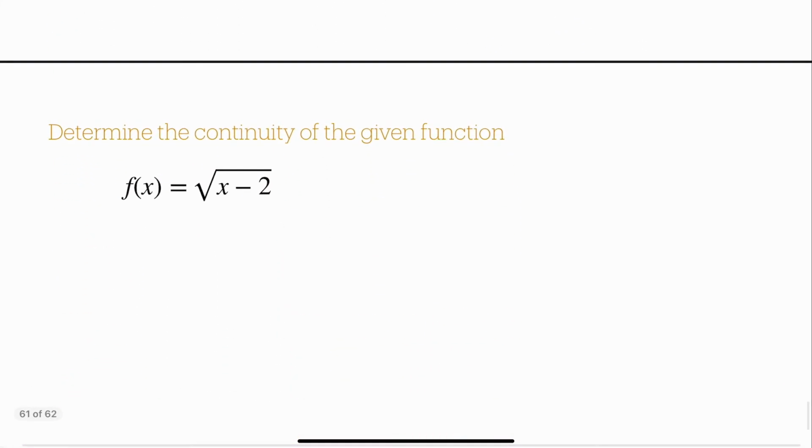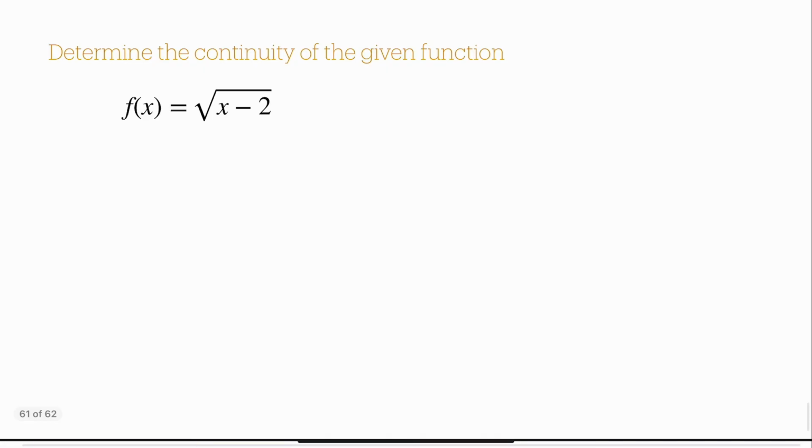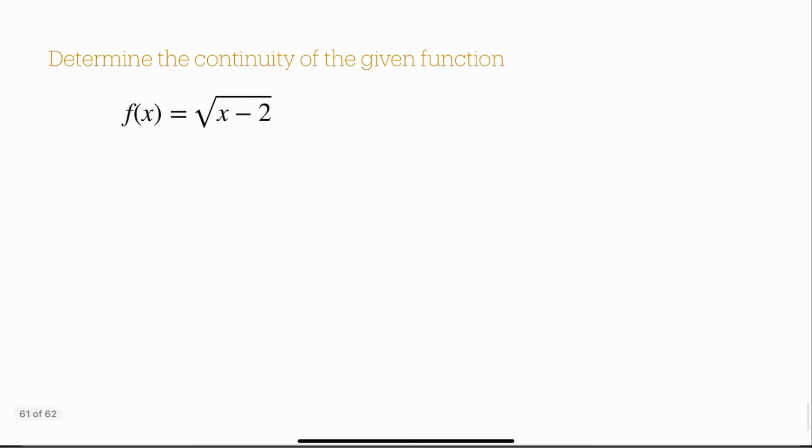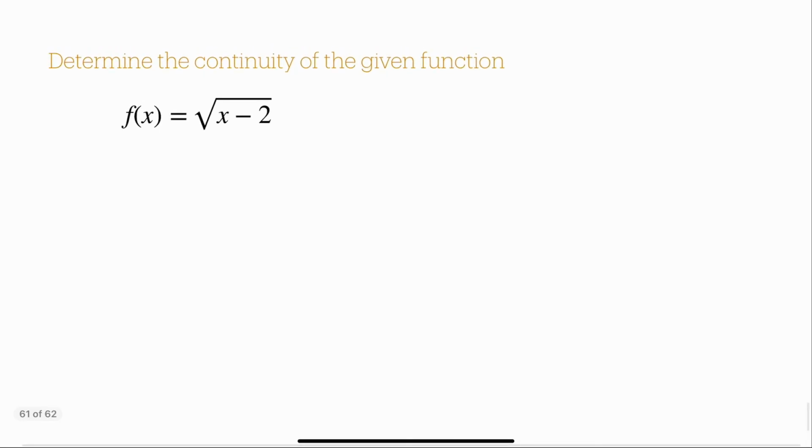Okay, how about this containing a radical? So for this one, f of x equals square root of x minus 2. So if we're talking about fractions, we look at the denominator and determine what makes it 0. But for radicals, we find the value of x that will make the radicand negative for square roots.